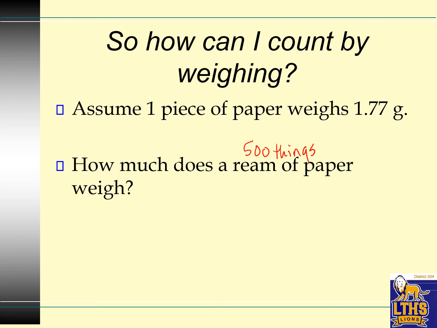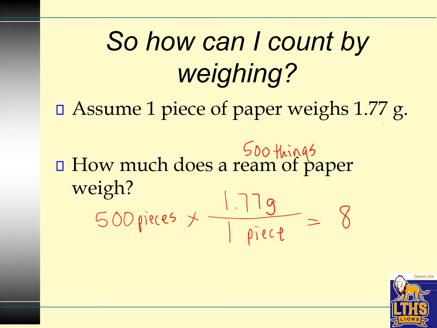We know that one piece weighs 1.77 grams, so 500 pieces of paper would weigh 885 grams. Do we have to count out 500 pieces of paper? No, we could just weigh paper until we have 885 grams, and then we know we have 500.